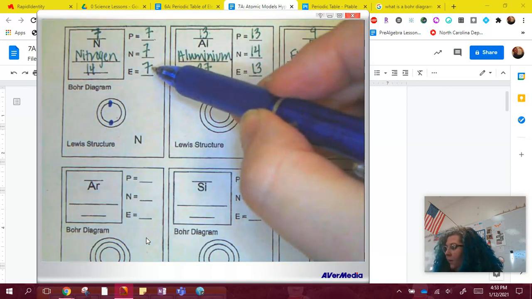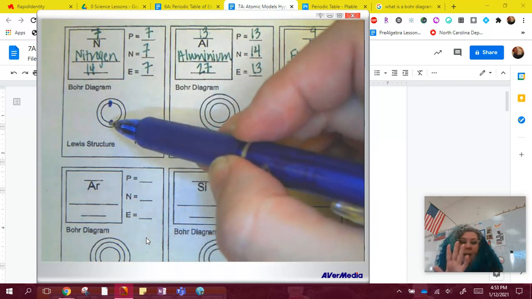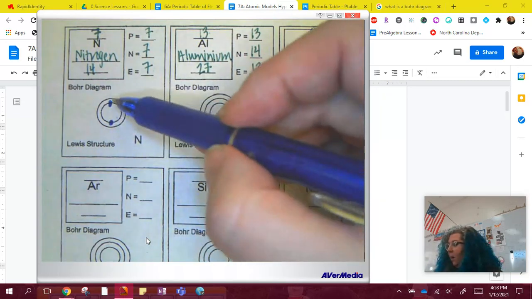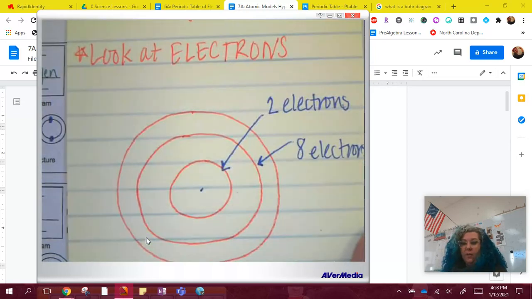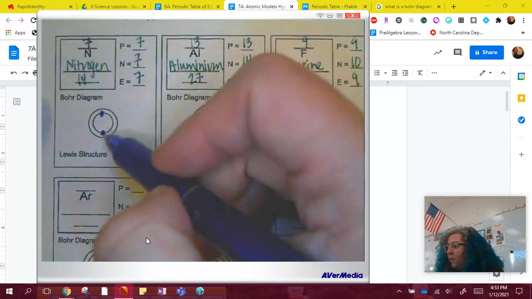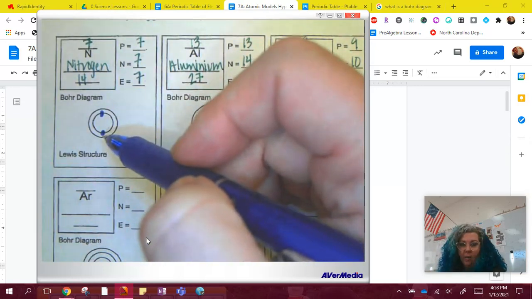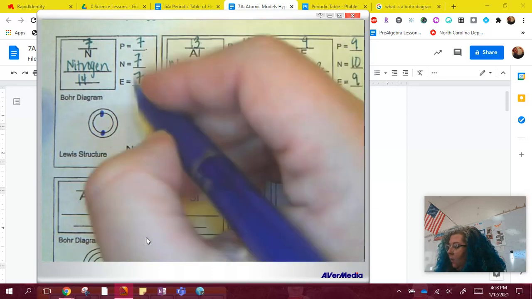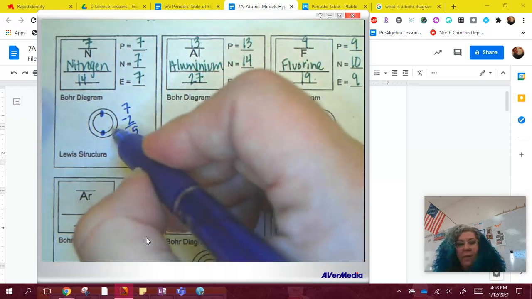We've used 2, but we still have 5 electrons left, and our inner shell is full. Remember, it only holds 2 electrons. Once your inner shell is full, the remainder go to the next shell out. We have 7 minus 2, so 5 left.